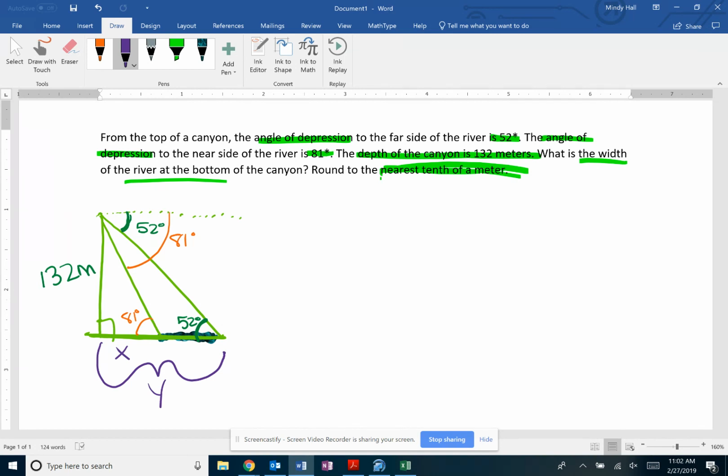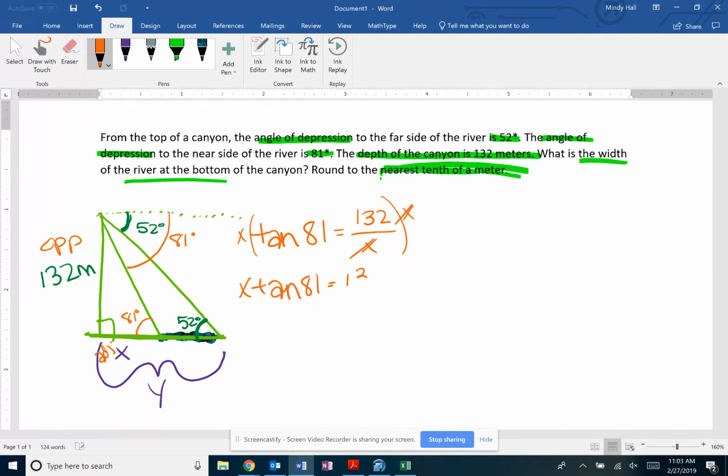I'm going to find each length and then just subtract them at the end. So starting off, we'll start with the 81. We have our opposite and our adjacent. So that tells me that I'm going to be using tangent, because tangent uses opposite and adjacent. So tangent of 81 equals 132 over X. Then we multiply both sides by X, and then we divide by the tangent of 81.